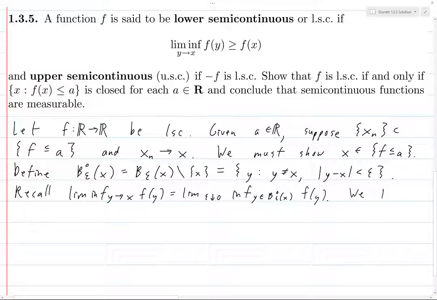Okay. Now we know that f(x_n) is less than or equal to a for every single natural number n.